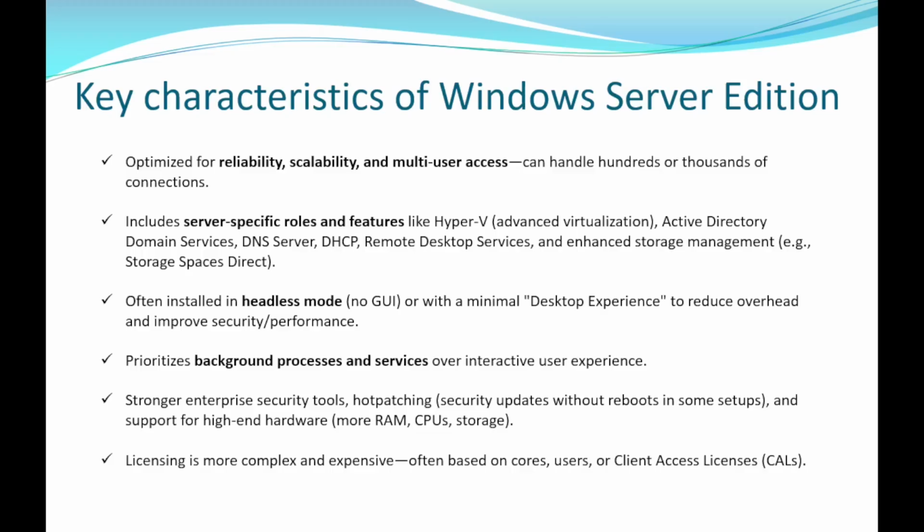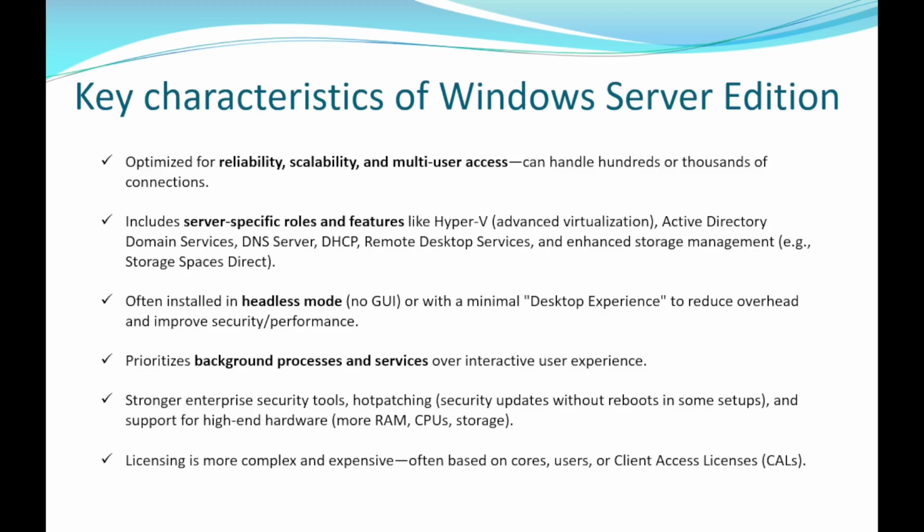We can see the operating system in desktop experience, and a lot of different things we can see on server edition. This is mainly meant for background process services, without interacting with the users directly. We can host everything in the background.